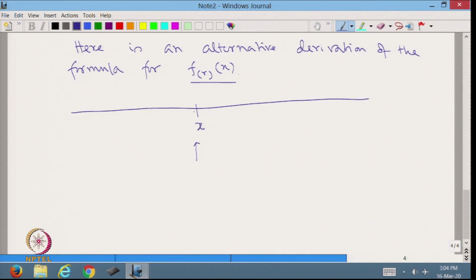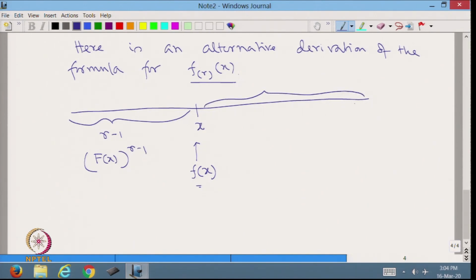One observation will come at x, which will have the PDF f(x). r minus 1 observations will be here, and each of them is less than x. That should give us F(x) to the power r minus 1, and the remaining n minus r are in this region because they are greater than x. So, that should give us 1 minus F(x) to the power n minus r.